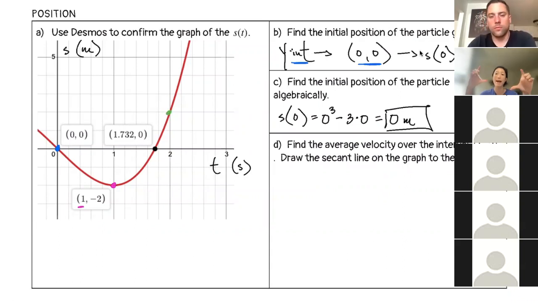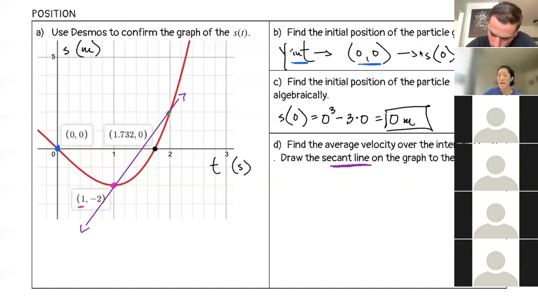In brackets, those two numbers represent X values, and then we can go to our graph and find the Y values that go with them. If we're looking for our secant line, we're going to try our best to draw a line that goes through both points. All right, so that secant line there is this secant line.